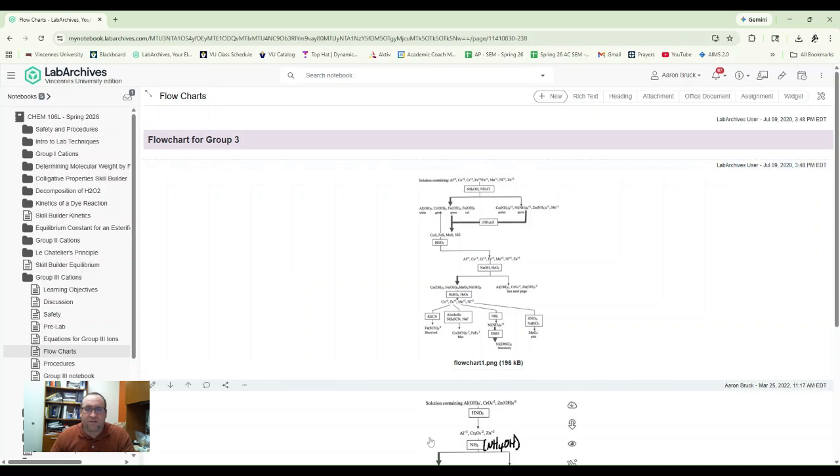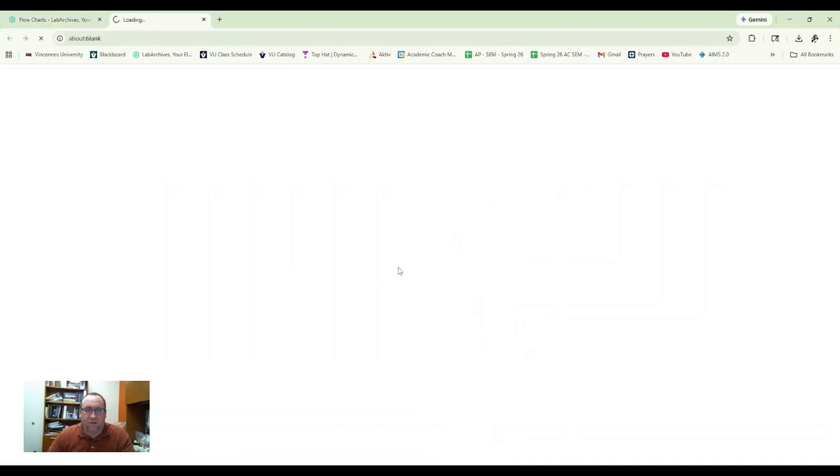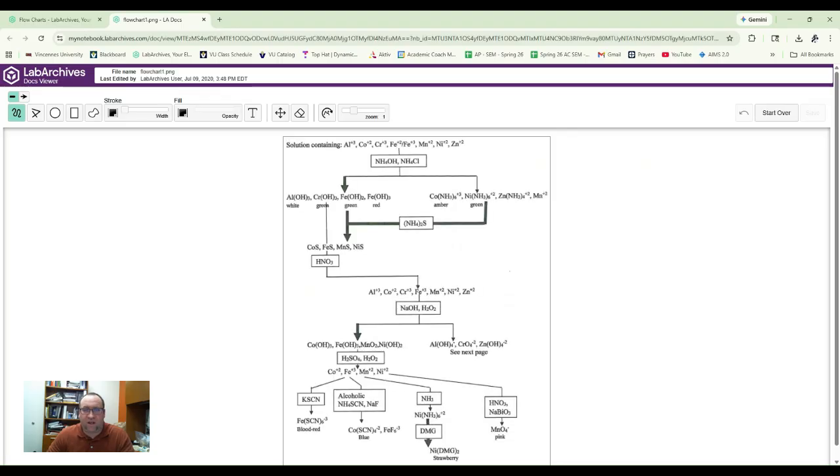What characterizes this group as being kind of unique and interesting is that we are dealing mostly with transition metals, aluminum being the one real exception to this. And what all of these have in common is that if we bring the pH up to a pretty basic level, and we will do that using ammonia, what we will get is a series of hydroxides and ammonia complexes.